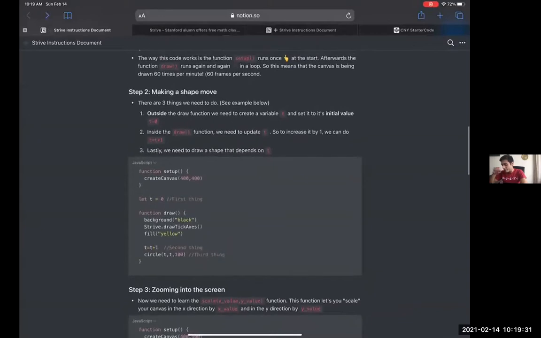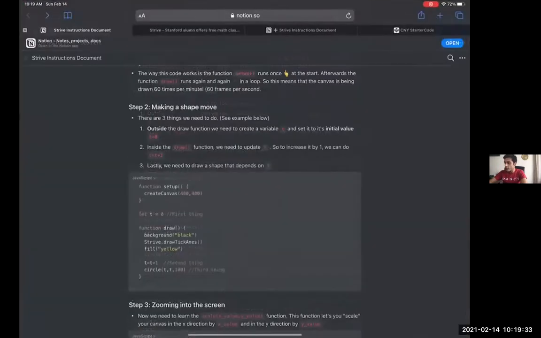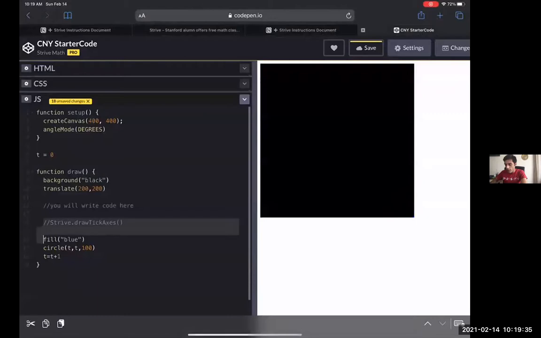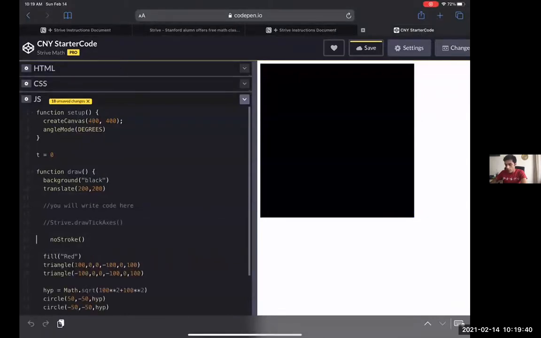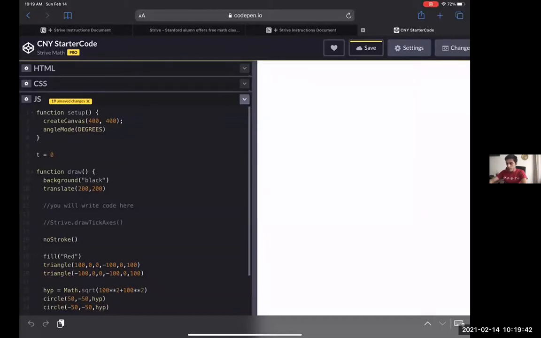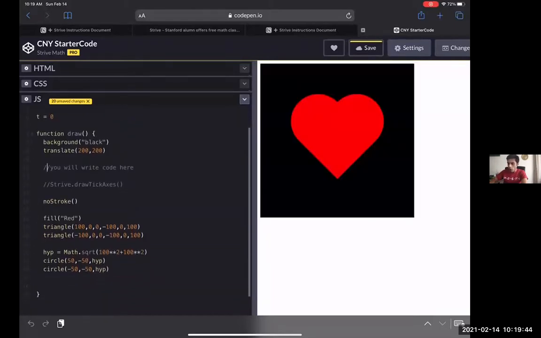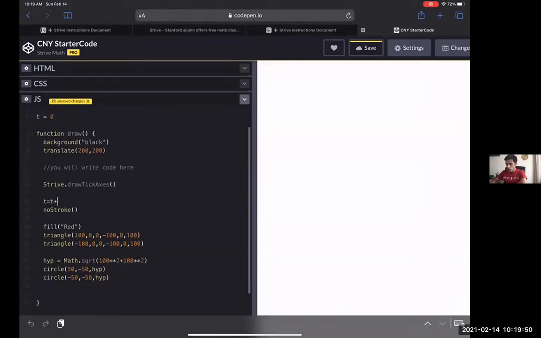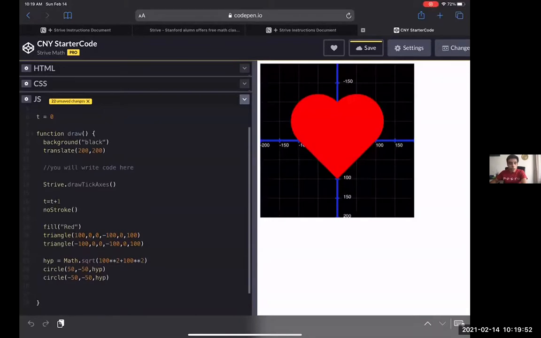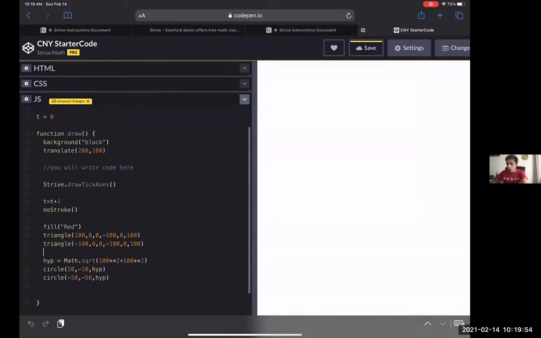Okay, all right, let me show you something crazy. If you want, you can do something crazy, which is, let's bring back the previous code that we had. This was our heart. And I will put the T is equal to T plus 1 back in. So my T is updating. And you can put the variable anywhere. So check this out.